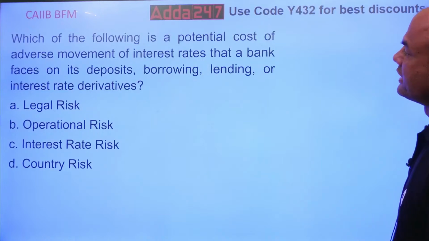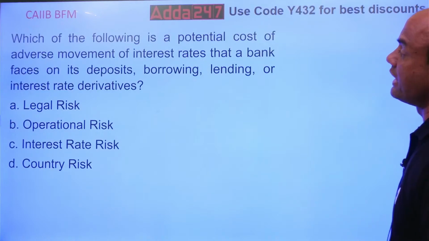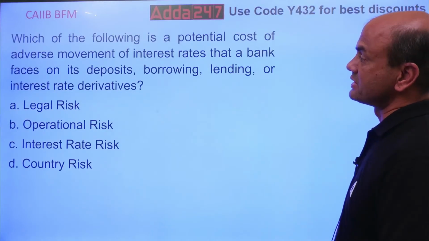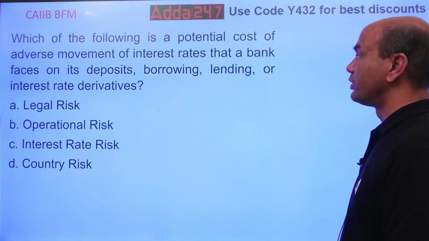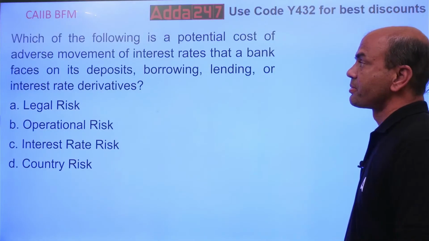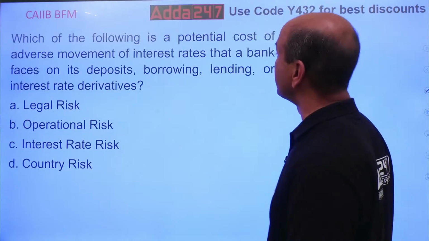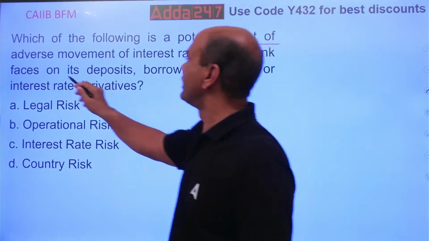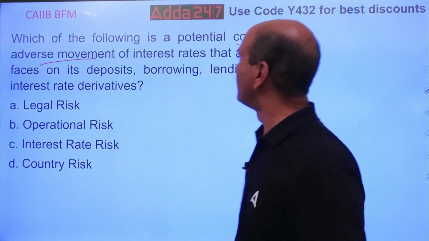Which of the following is a potential cost of adverse movement of interest rates that a bank faces on its deposits, borrowings, lendings, or interest rate derivatives? So which of the following is a potential cost of adverse rate movement?